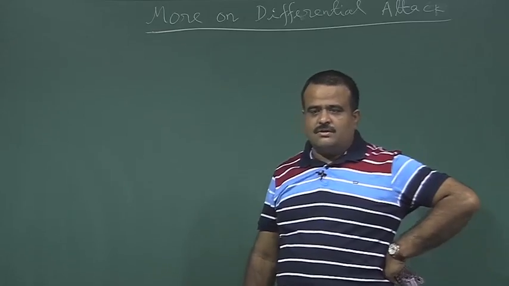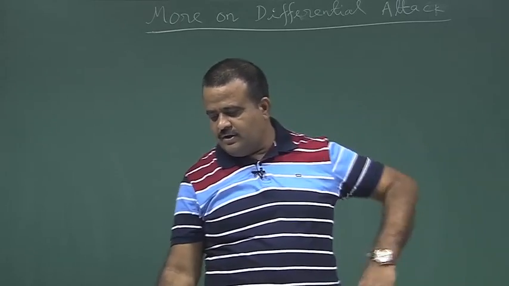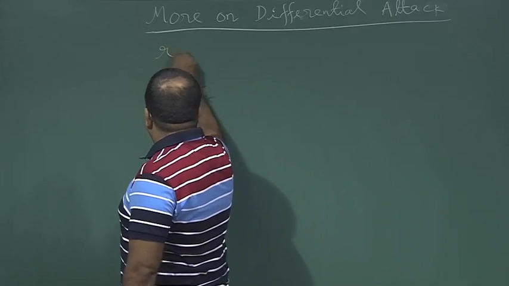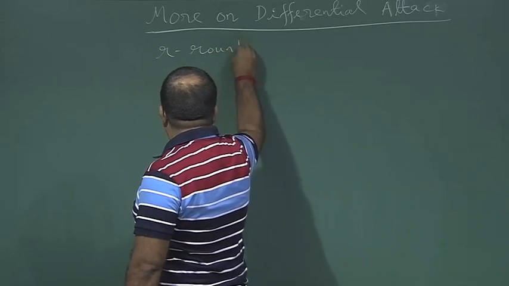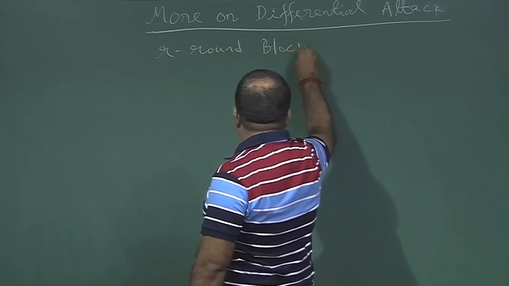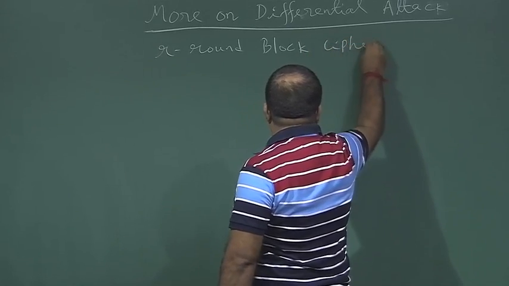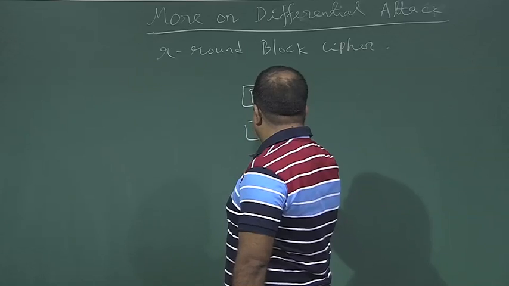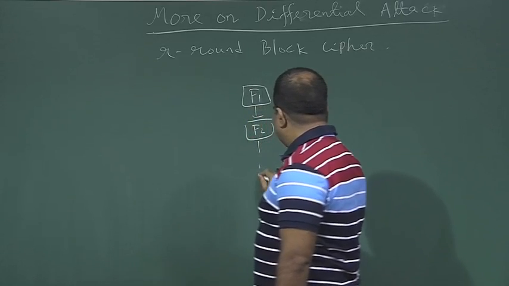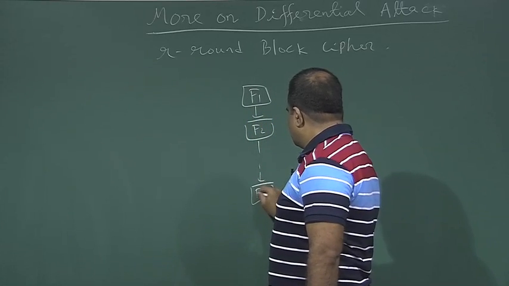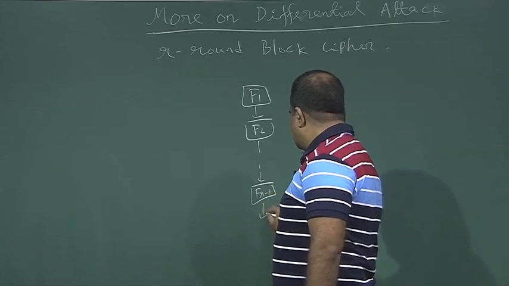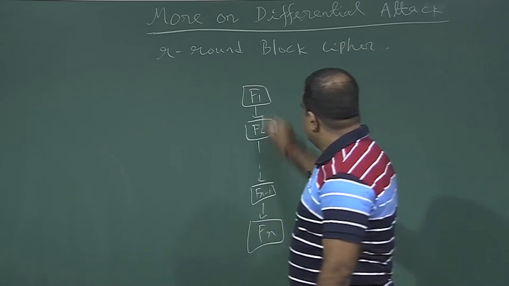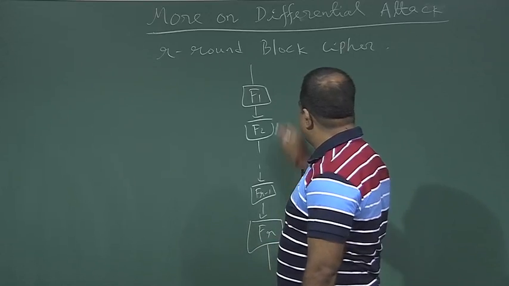So, let us just recall the differential attack we discussed. It is an attack on an R round block cipher. If we have an R round block cipher, that means we have R many round functions, and the last round is F_R, with the plain text and the cipher text.